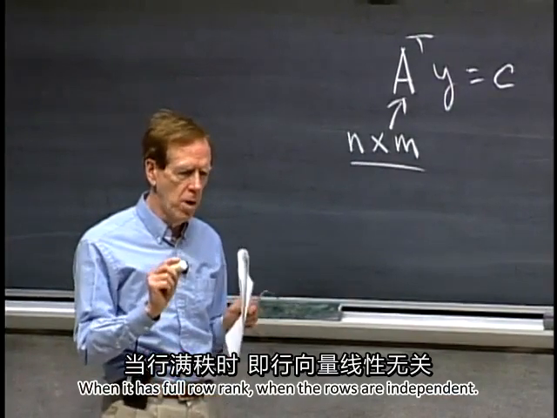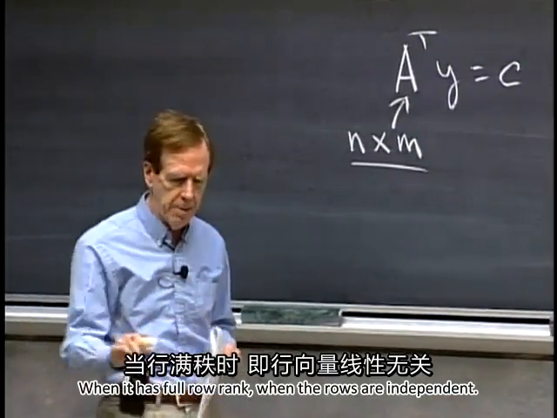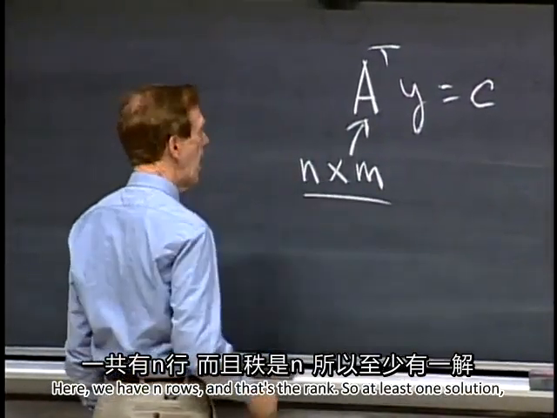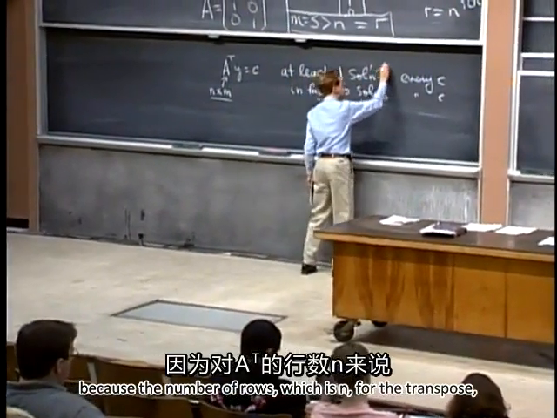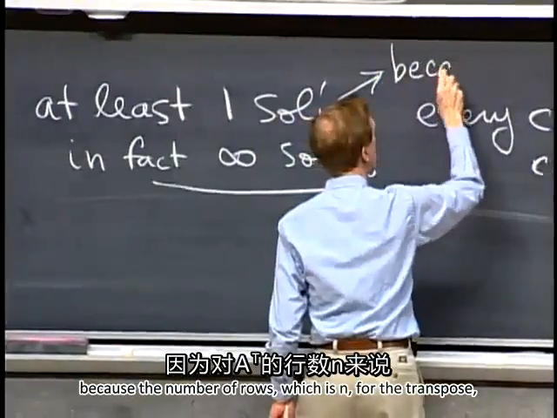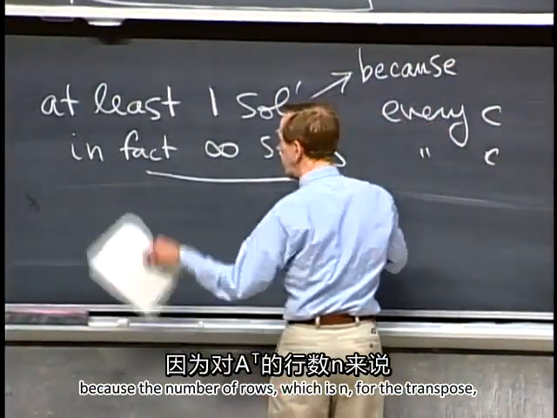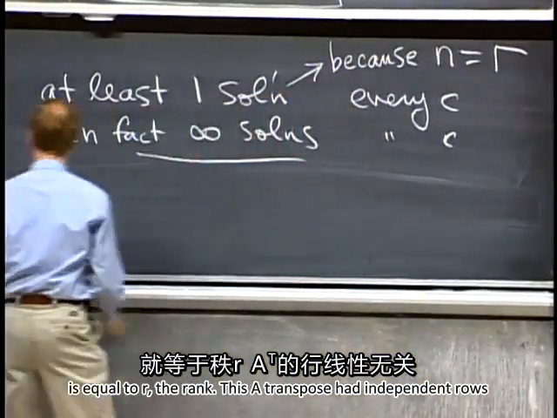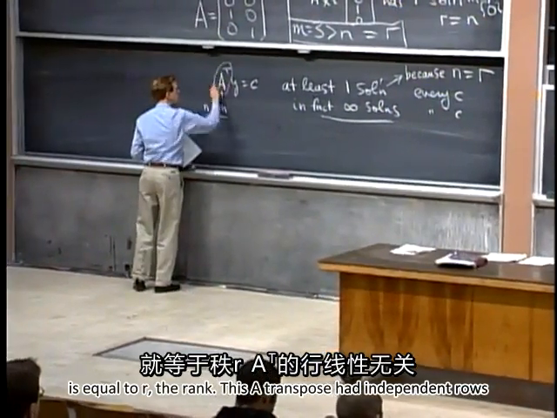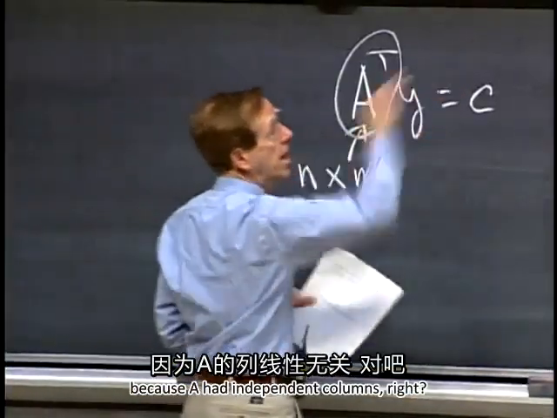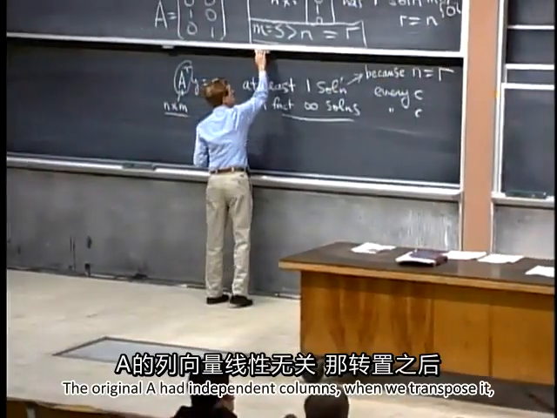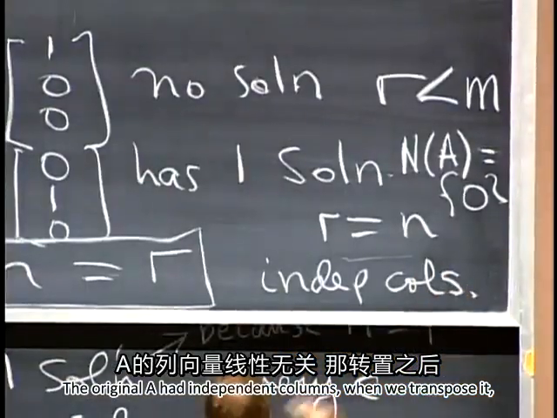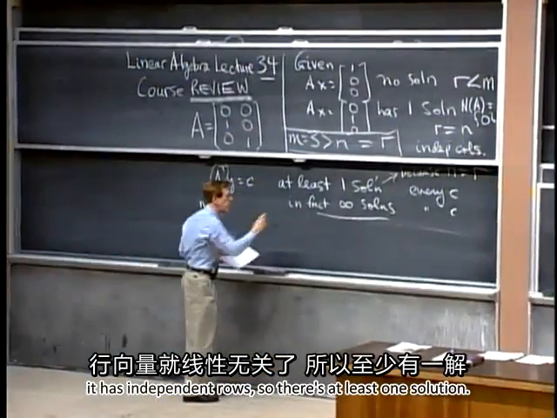When it has full row rank, when the rows are independent. Here we have n rows, and that's the rank. So at least one solution because the number of rows, which is n for the transpose, is equal to r, the rank. This A transpose has independent rows because A had independent columns, right? The original A had independent columns. When we transpose it, it has independent rows, so there's at least one solution.